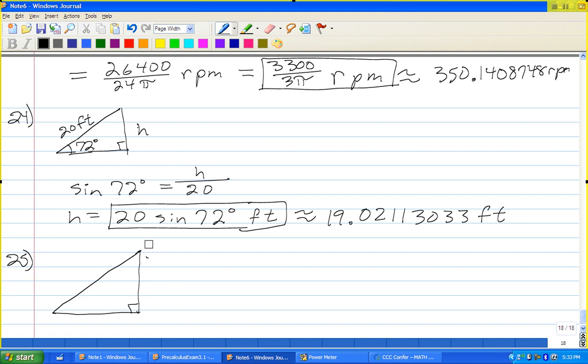Okay, so there's the kite. He holds the end of the kite string on the ground. He estimates the angle of elevation to be 50 degrees. If the string is 450 feet long, oh, it's the same problem. How high is the kite above the ground?